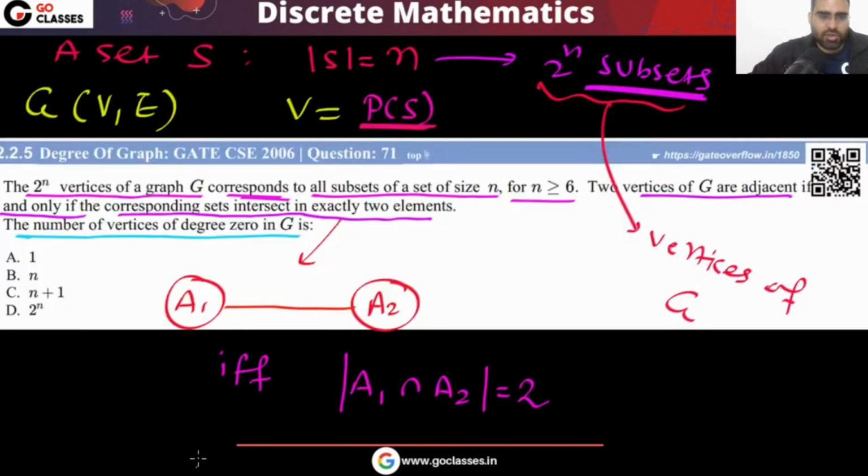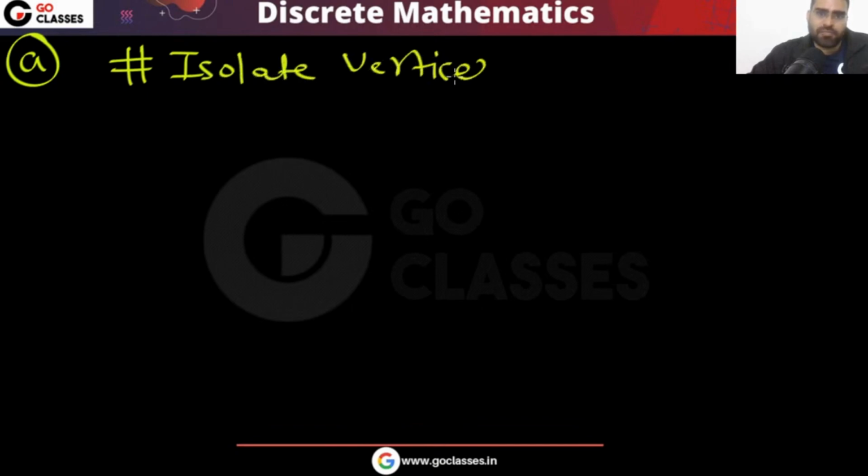So how many vertices do not have any edge, like isolated vertices? The question is asking number of 0-degree vertices. So the question is asking number of isolated vertices. Okay. So you have total 2 power n vertices.